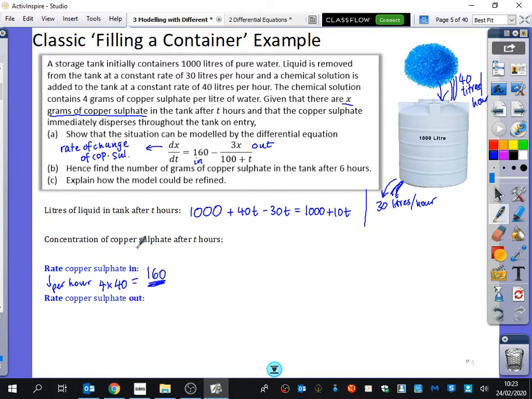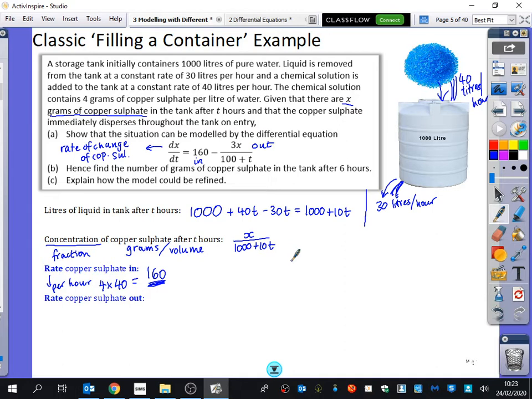The concentration is almost like a fraction: grams per litre. It's the grams of copper sulfate divided by the volume. We want to say how concentrated is it? If you think of it like orange squash, how much is in there? So it's just the amount of grams over 1,000 plus 10T.